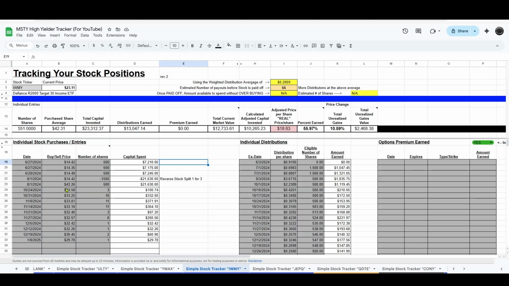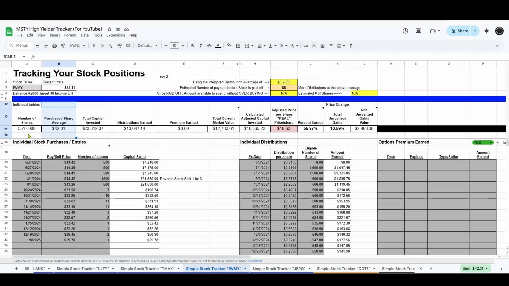But that happened quite a while ago, right? That happened back in August of 24, and that was definitely before I was tracking my real price per share, right? But as you can see, at a current price of $23.11 and my purchase price of $42.31. And that share price, remember, that increased, right?